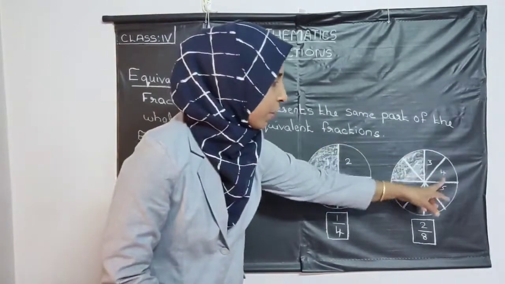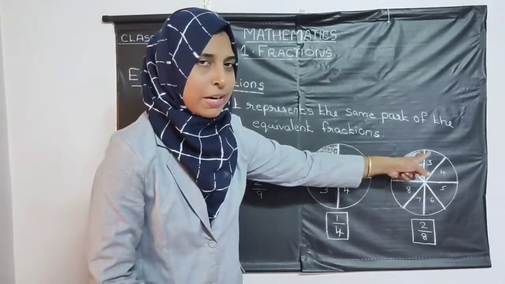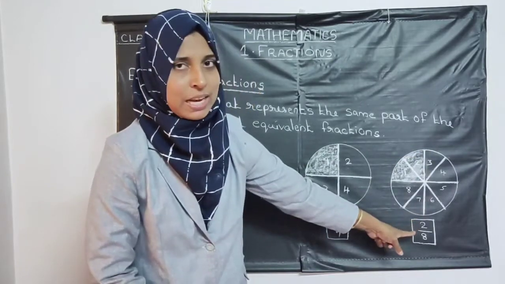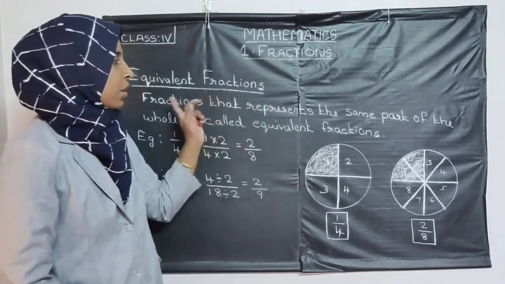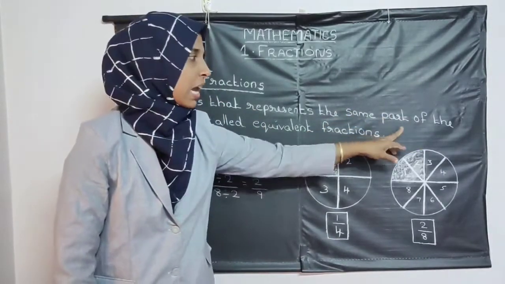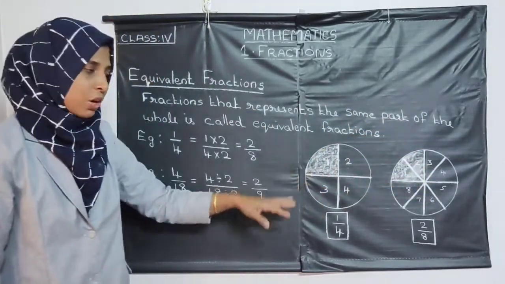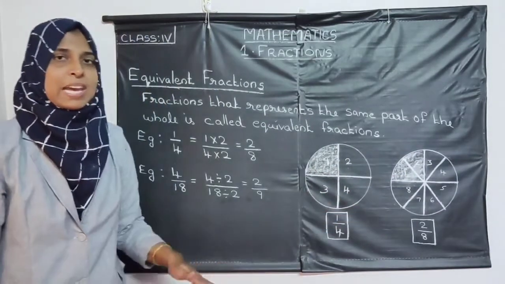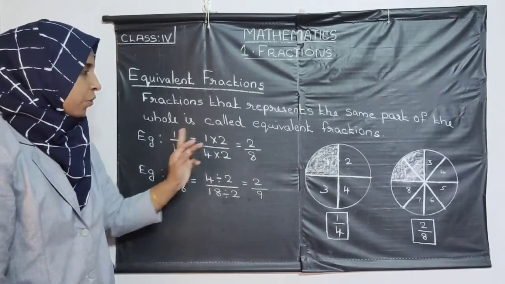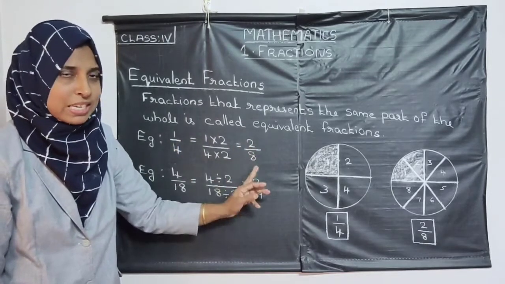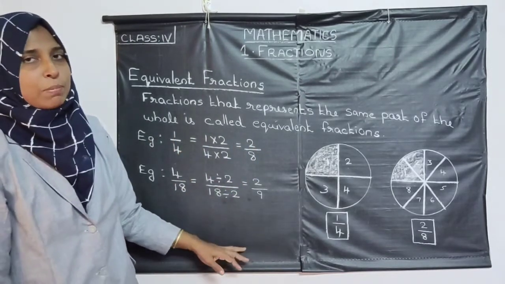Here from the 8 equal parts, 2 parts are shaded, so we can represent it as 2 by 8. But here it is 1 by 4. So the same part is shaded, isn't it? So 1 by 4 and 2 by 8 are equivalent fractions. 2 by 8 is an equivalent fraction of 1 by 4.